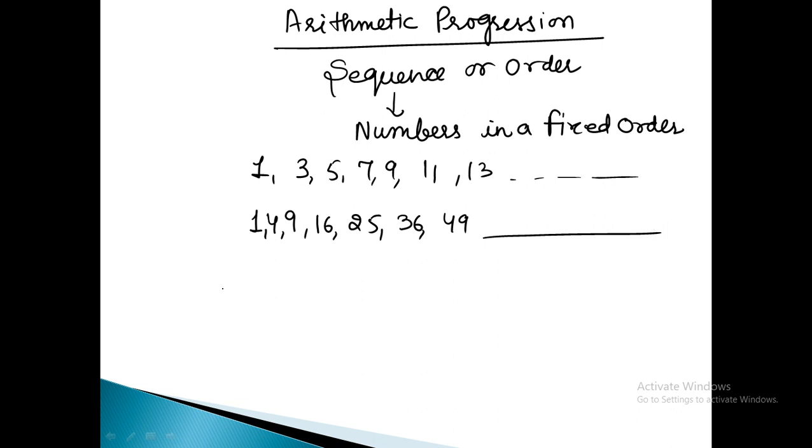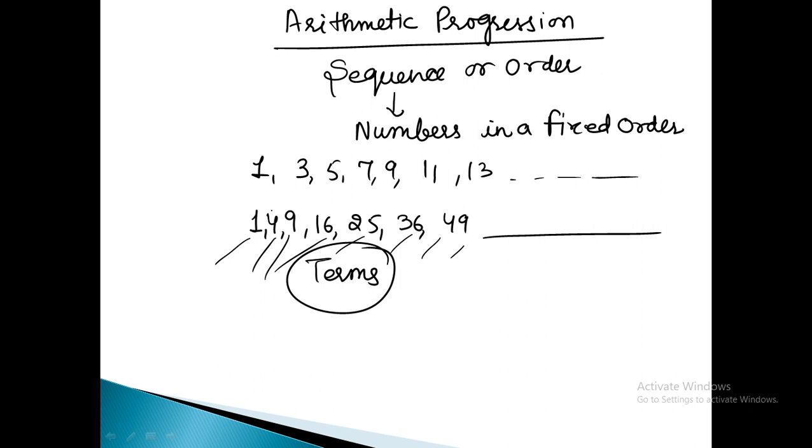Now, what do you mean by terms? These numbers are known as terms. The various numbers which occur in a sequence are called terms. Because the order of a sequence is fixed, terms are known by the position they occupy in the sequence.